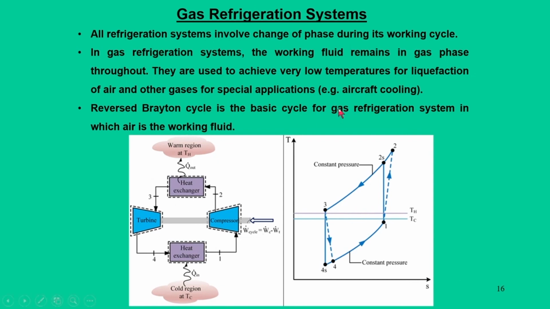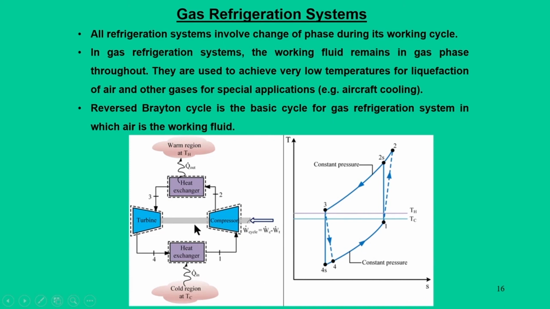The next segment in our discussion is gas refrigeration systems. The main important aspect of a gas refrigeration system, compared with a vapor compression or vapor absorption system, is that here you are using gas as the working fluid in the refrigeration, and in particular if the gas is air, then air is used as the cooling medium or working fluid in this thermal circuit.